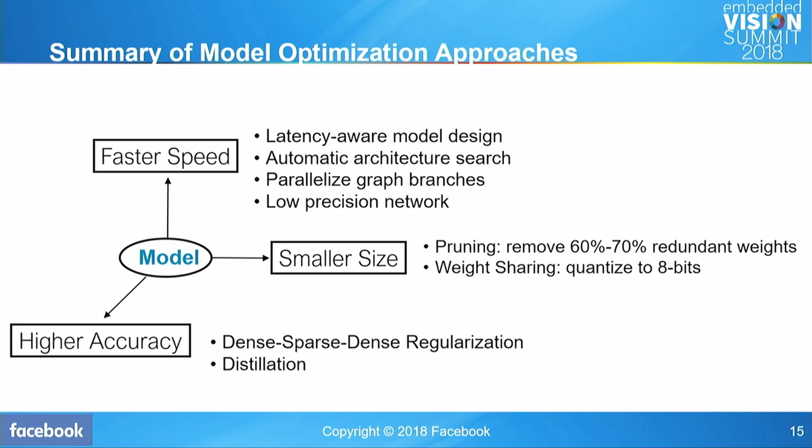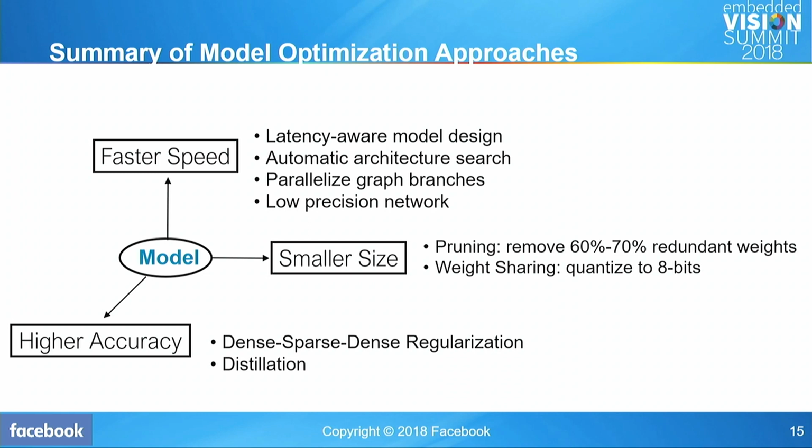So let me summarize this part of the talk about model optimization approaches. I didn't talk about every approach, but here is a summary of what we use and what we apply. Obviously, you don't need to only optimize for accuracy, but you have to balance the speed limitation of the mobile phone and the size of the model itself.